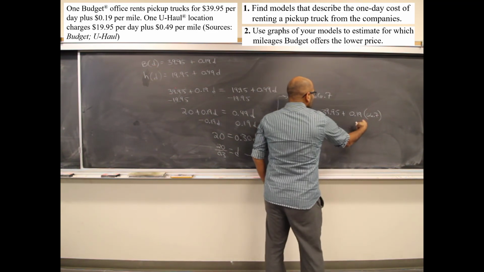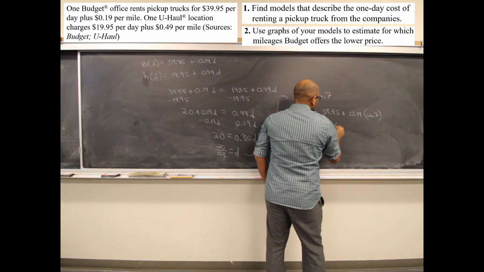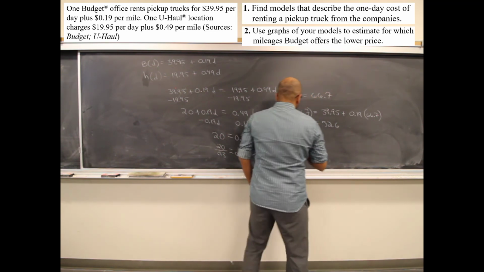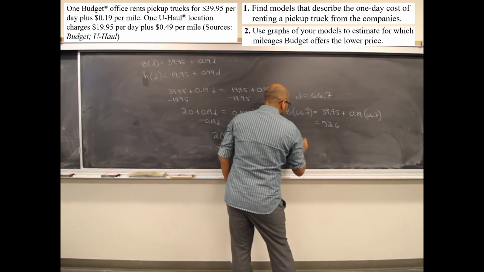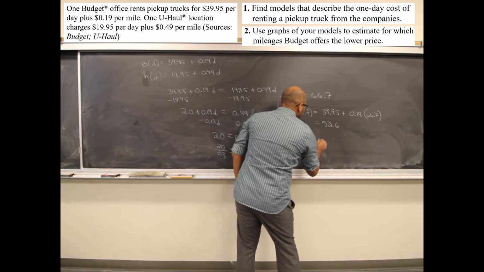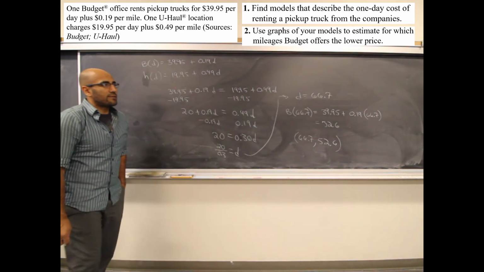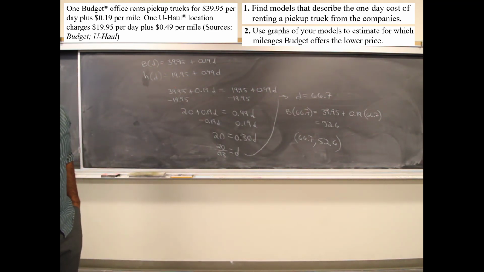So if we multiply those two together and add it to this, we'll see that this is equal to 52.6. And so the place where they intersect is the point 66.7, comma 52.6. Right, so same answer we got a minute ago.